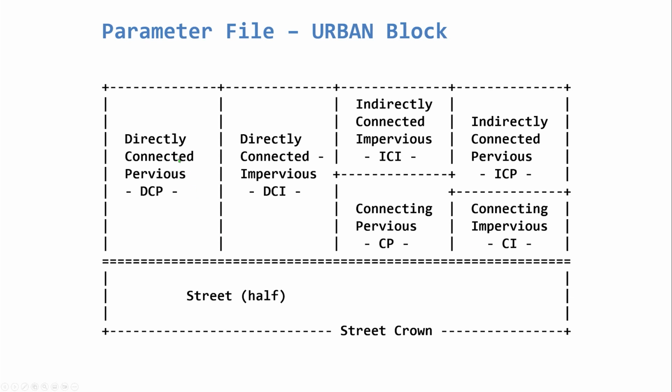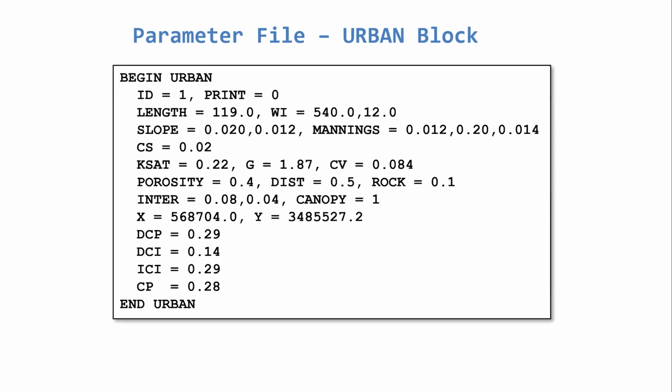But again, you can specify how much pervious area is directly connected to the street, impervious, and then the various combinations of runoff and run-on. For the urban block, you'll have an ID. If you say 0, you're not going to get any printout. What are the characteristics in terms of overall length and width of that urban element?